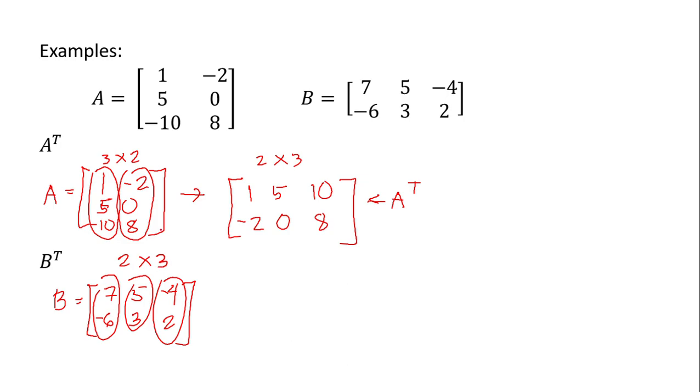So, dapat ang maging sagot naman niya is 3 by 2. Okay? So, we have 7 and 6, negative 6, 5 and 3, and negative 4 and 2. Okay, so we have this B transpose, or our 3 by 2 matrix. Okay, so that is for the additional examples of matrix operations. Thank you.